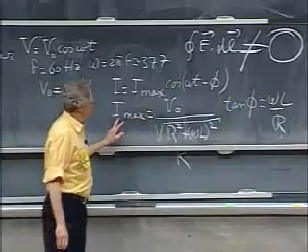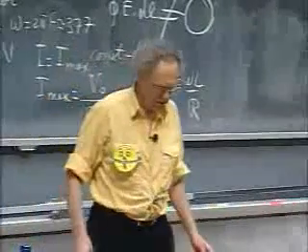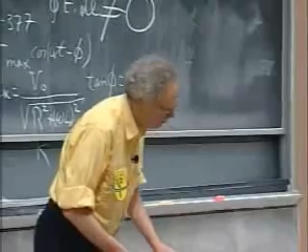And so the maximum current that will flow depends on omega and depends on L, on the self-inductance, of course on the resistor as well.